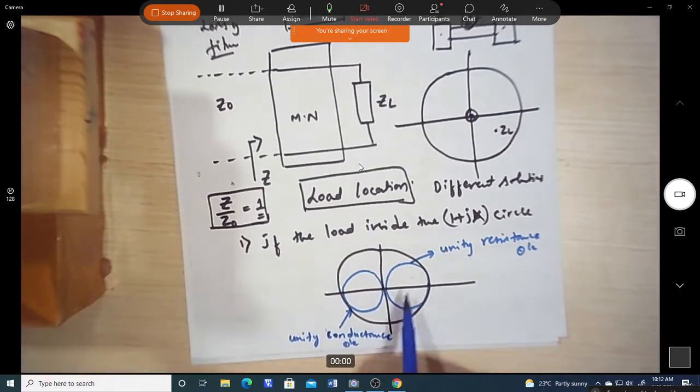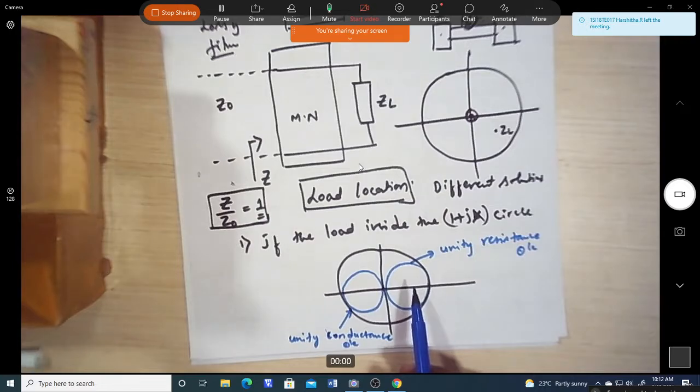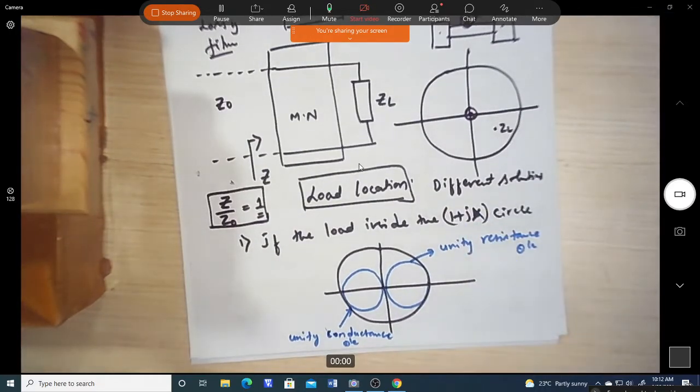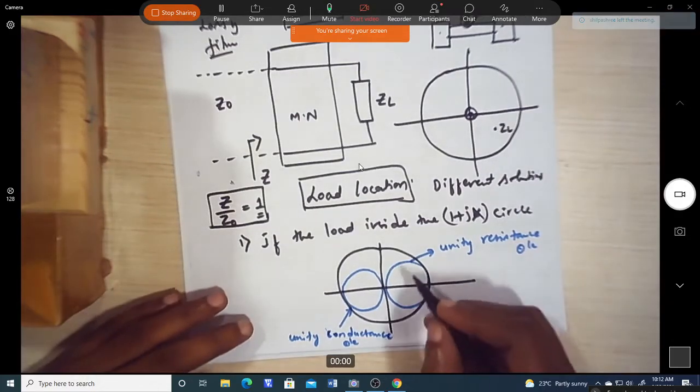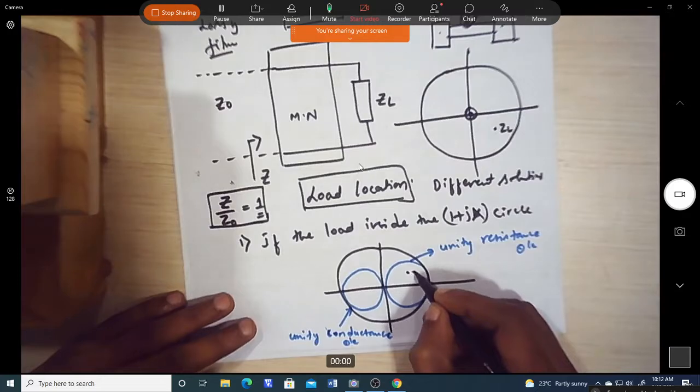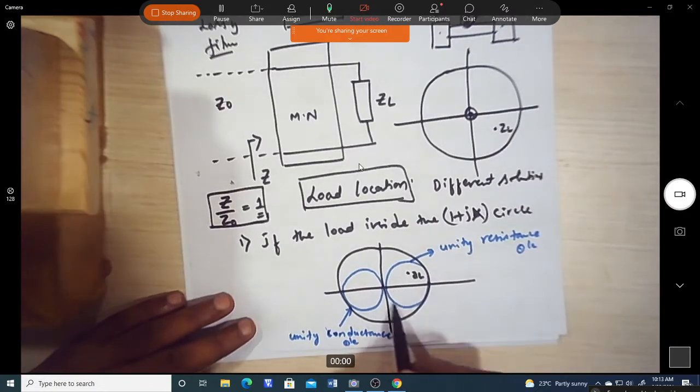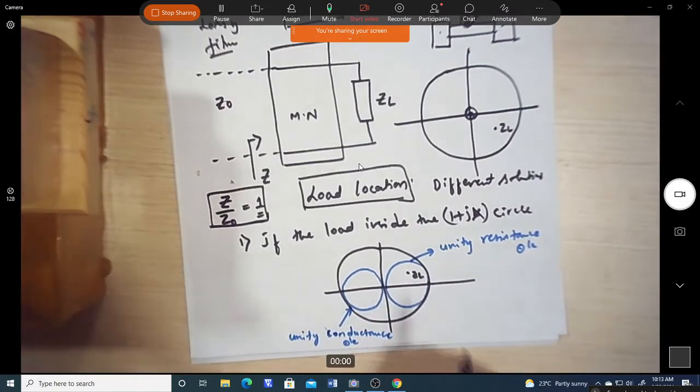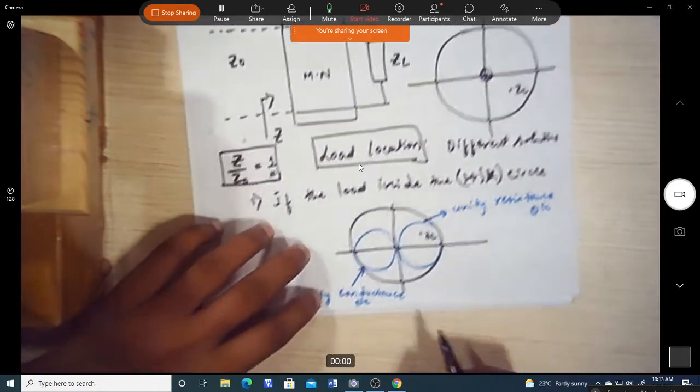Now if we have the load location within this 1 plus jx, within the unity resistance circle, then what solutions will exist? That we need to look into.